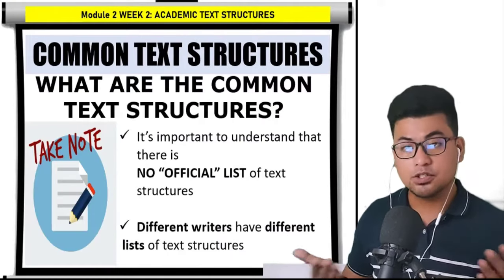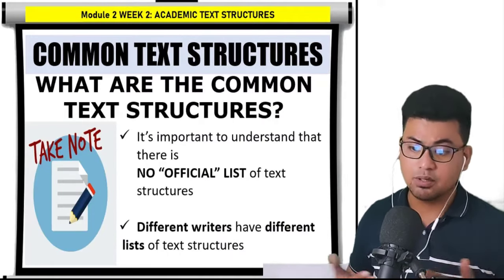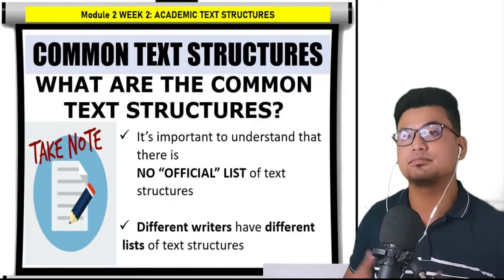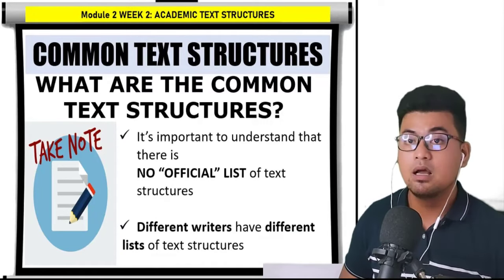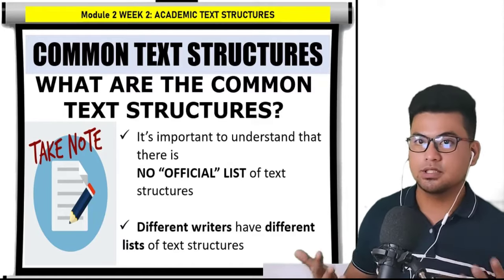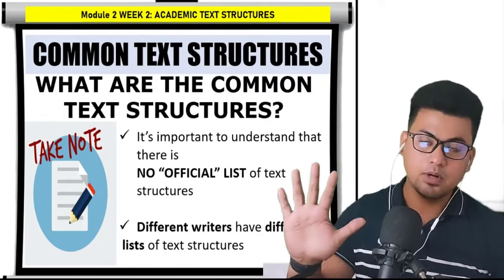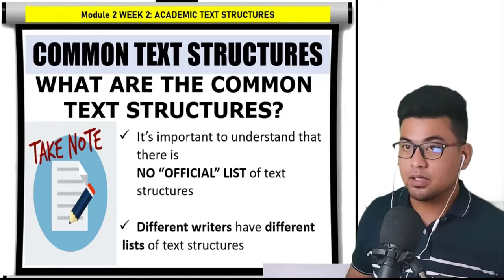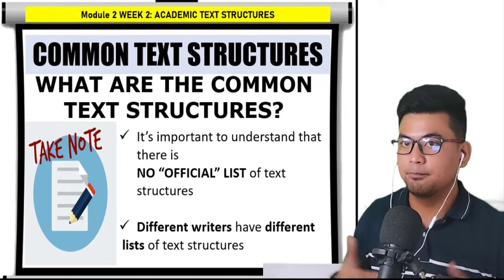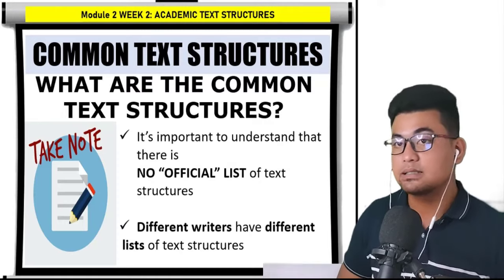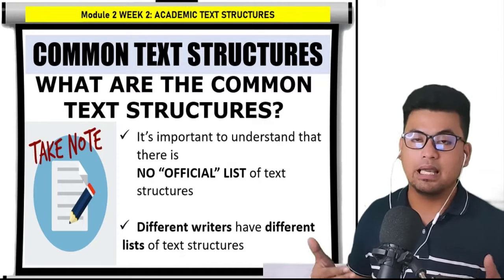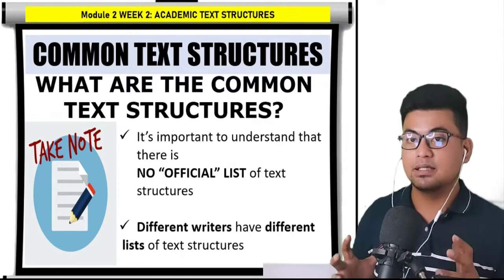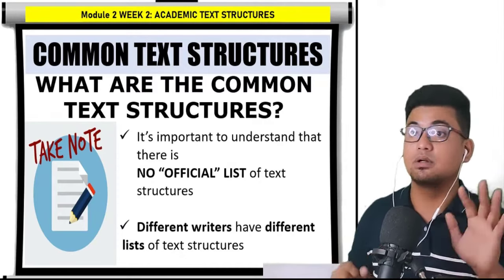Regarding the common academic text structures, it is important to understand that there is no official list of text structures. There's no such thing as, oh, we only have 5 common text structures, or 6, or 2, or 3. Because there is a lot of evolving literary style right now, we cannot say there's only 5, 3, 2, or 1.